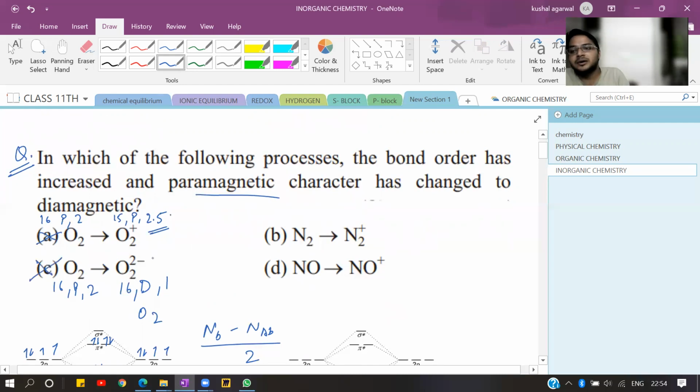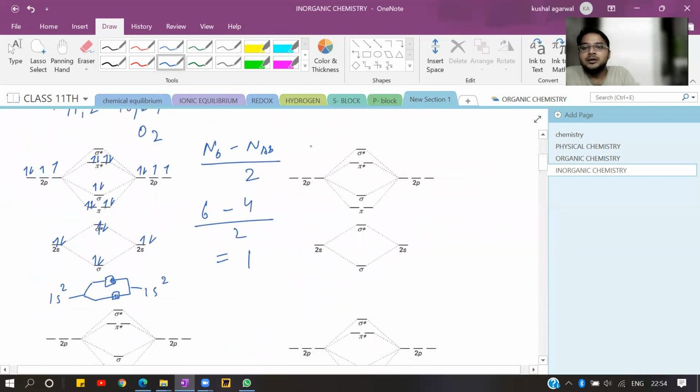So this option also gets cancelled because bond order here has decreased. Next, from N2 to N2 positive. N2, I hope all of you know, is nitrogen. The configuration of nitrogen is 1s2, 2s2, 2p3.